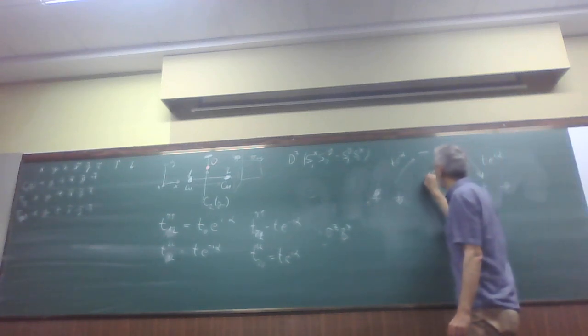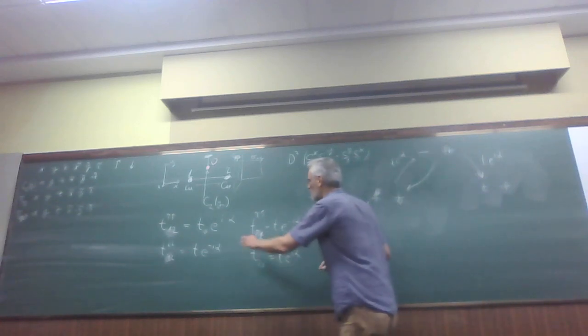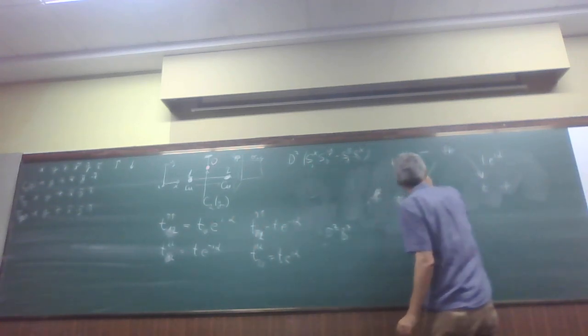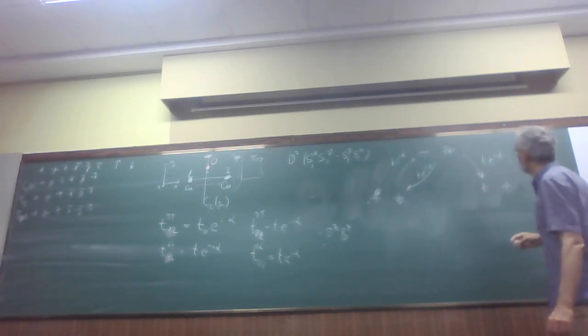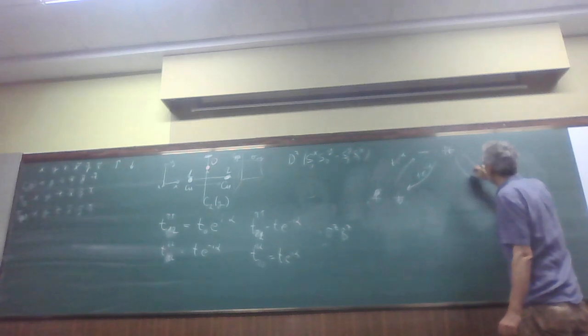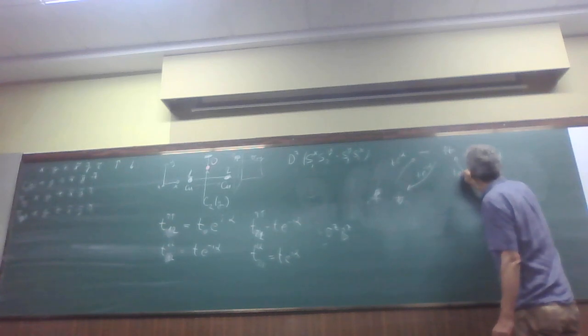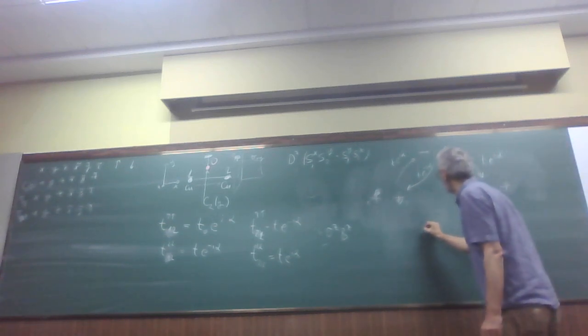If I go back, then if the up spin is going in one direction, going back there is T e to the minus i alpha. And similarly, there will be something like T e to the minus i alpha. And then we need to consider also the other case.